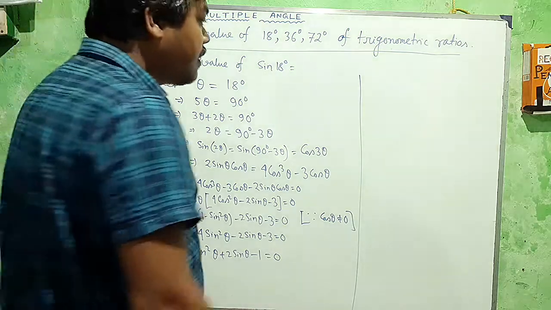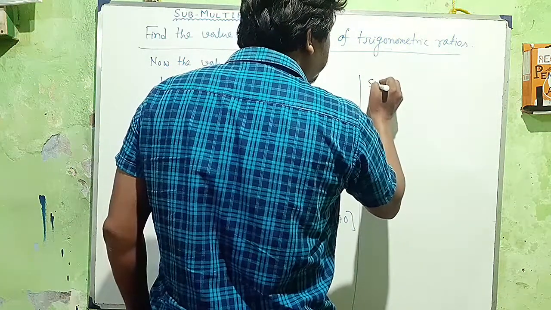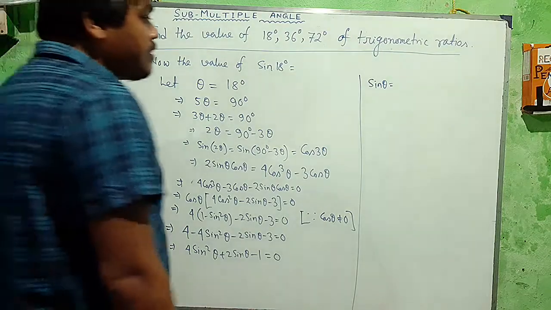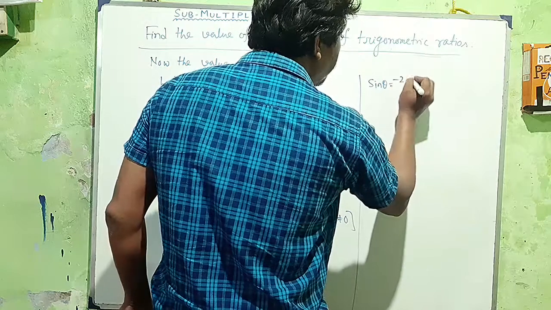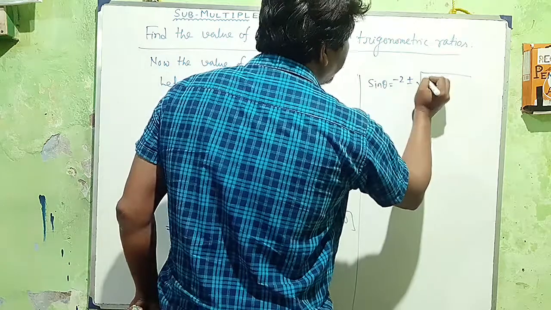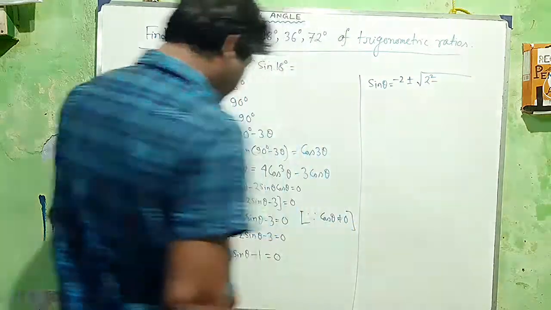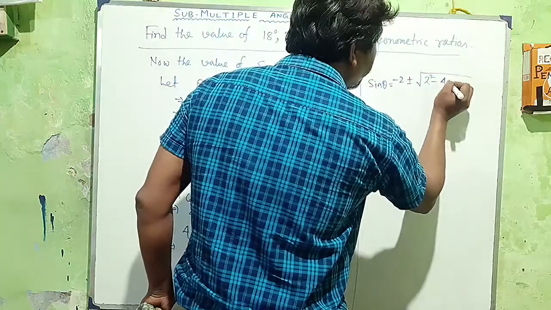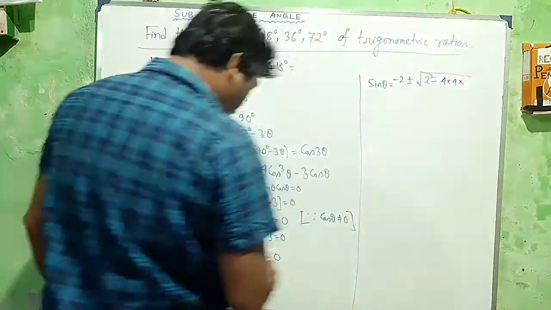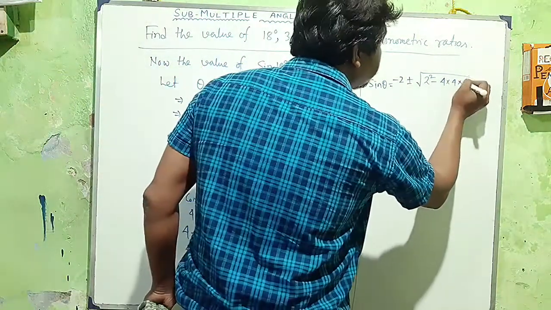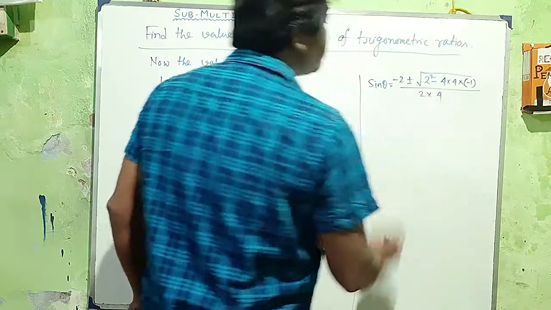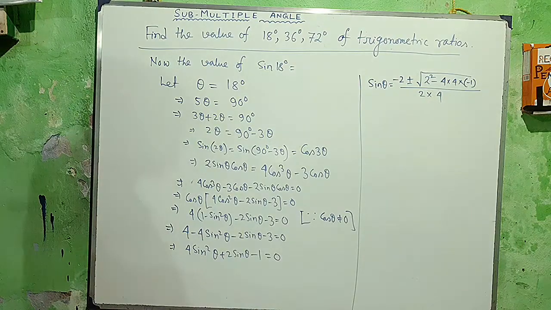By using the Sridhar Acharya formula, sine theta equals minus b plus or minus square root of b square minus 4ac, over 2a, where b equals 2, a equals 4 and c equals minus 1, so 2 into 4 in the denominator.